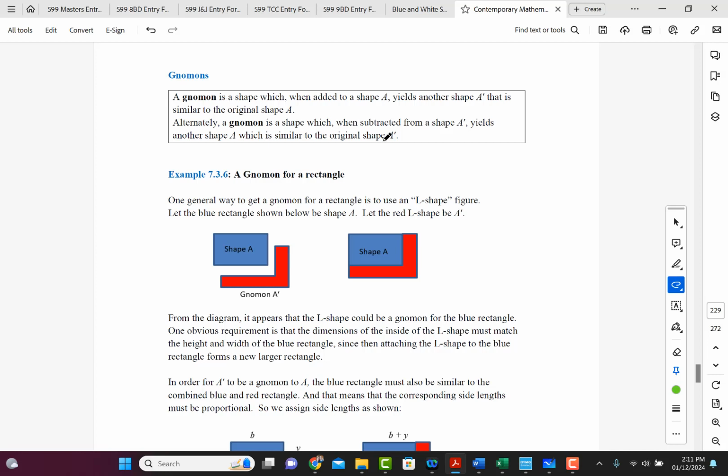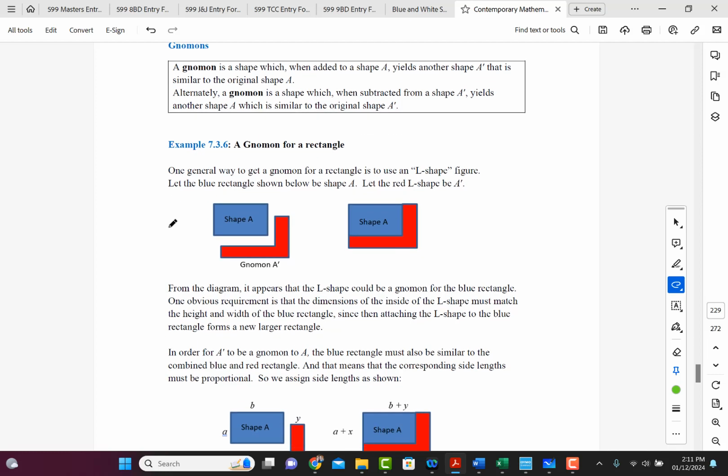So a gnomon is a shape which, when added to a shape A, yields another shape A prime that is similar to the original shape A. Alternately, a gnomon is a shape which, when subtracted from a shape A prime, yields another shape A, which is similar to the original shape A prime. Now, that's a lot to say, but it makes sense when you see the picture. So let's look at this example here, and it'll make perfect sense.